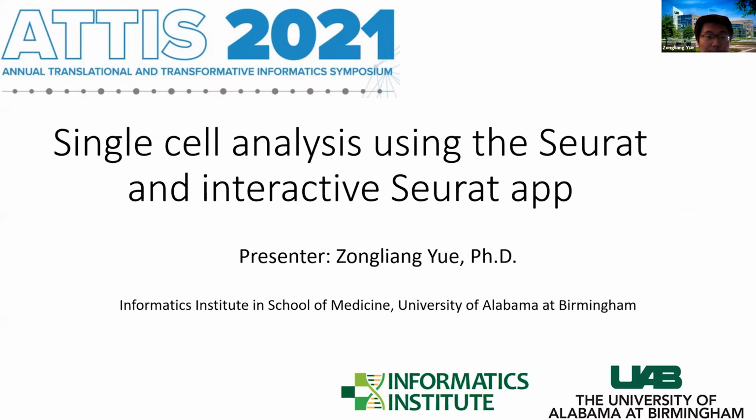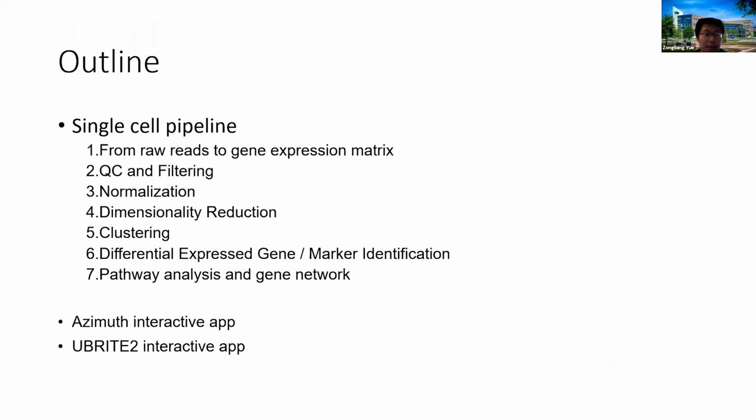Hello, everyone. Good afternoon. I'm Zongliang from the Informatics Institute at the University of Alabama at Birmingham, and today I'm going to talk about single cell analysis using Seurat and the interactive Seurat app. As you already know from the previous speaker, single cell pipelines usually follow a 6-step procedure, but afterwards we will also introduce some downstream analysis like pathway analysis and gene network analysis.